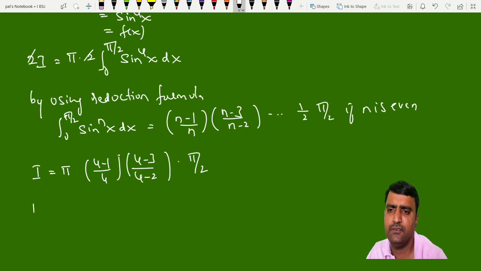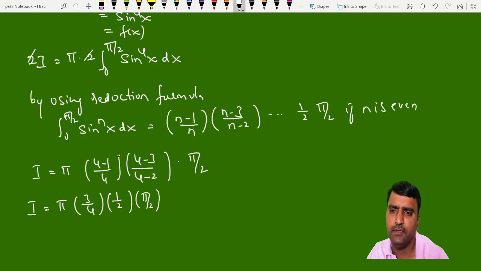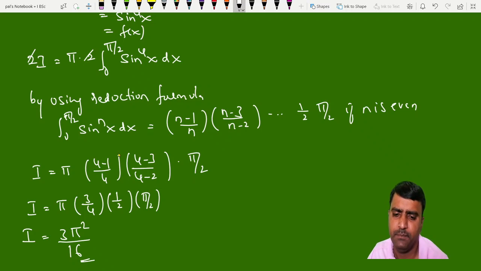So I is equal to pi into 3 by 4 into 1 by 2 into pi by 2. So that is I is equal to 3 into pi is pi square, 3 pi square by 4 2s are 8, 8 2s are 16, 3 pi square divided by 16.